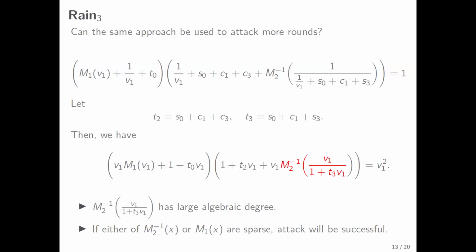And since it has high algebraic degree, we cannot really use the techniques that we know to solve it efficiently. However, we observe that if either the inverse of the second linearized polynomial or the first linearized polynomial is sparse, then we can have a successful attack. But this is not happening in three-round RAIN because the designer made sure that the polynomials are indeed dense and sufficiently random.